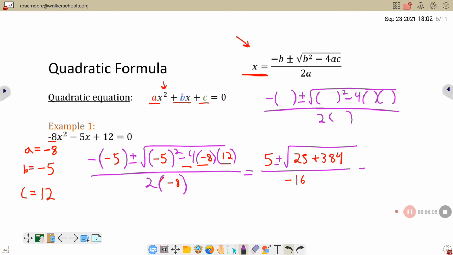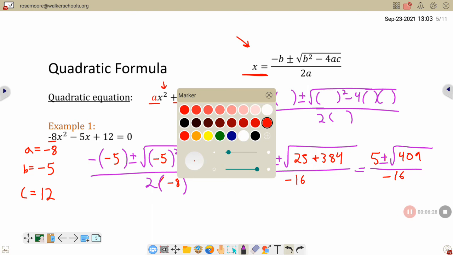And there are. So I'll have 5 plus or minus the square root of 25 plus 384, which is 409. And that's an irrational number, so we just leave 409 all over negative 16. There's nothing else I can really do.